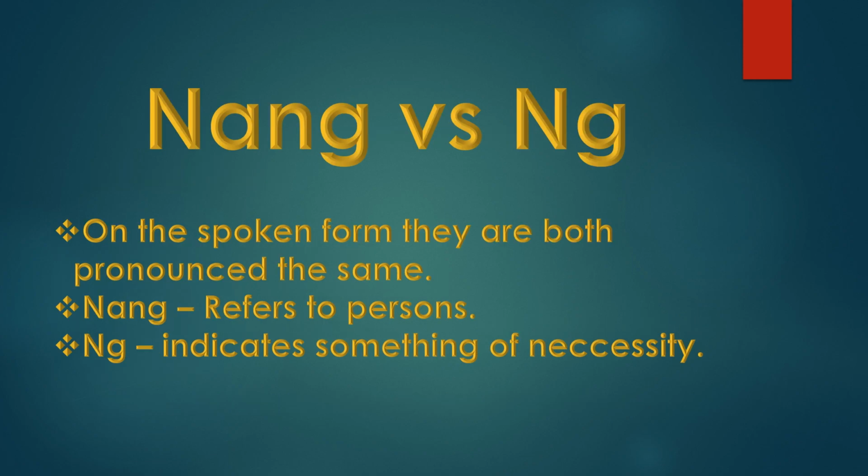Now we have noun versus noun, when it's as a word, not as a letter of its own. Both are pronounced the same way in spoken form, but one refers to a person and the other refers to something of necessity.